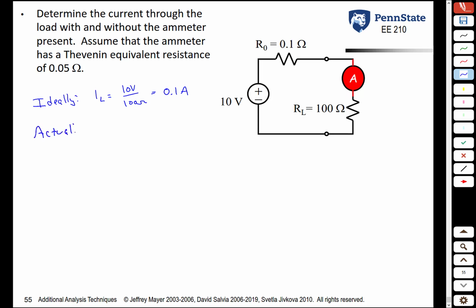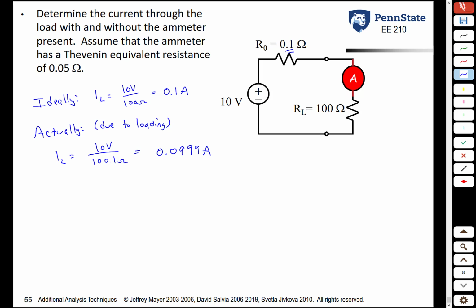But actually, due to loading, we get what current? We get a current of 10 volts, not divided by 100 ohms, but we have to take this 0.1 ohm source resistance into account. So 10 volts divided by 100.1 ohm, or 0.0999 amps.